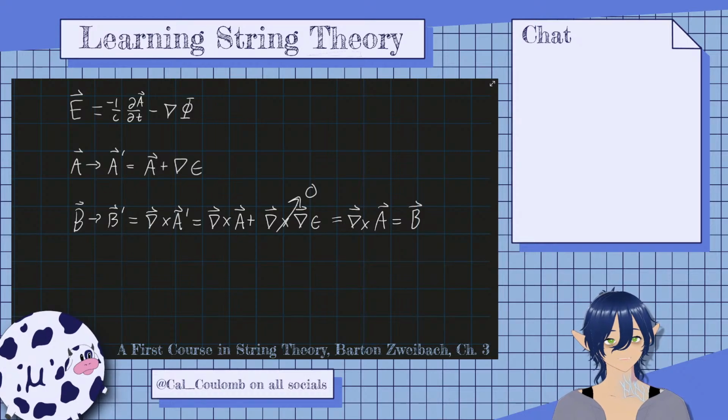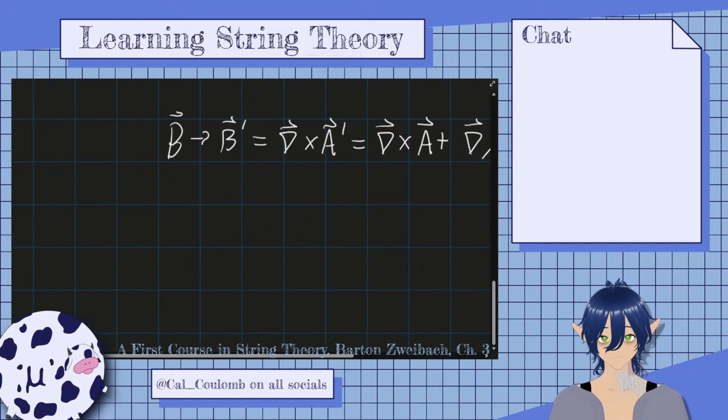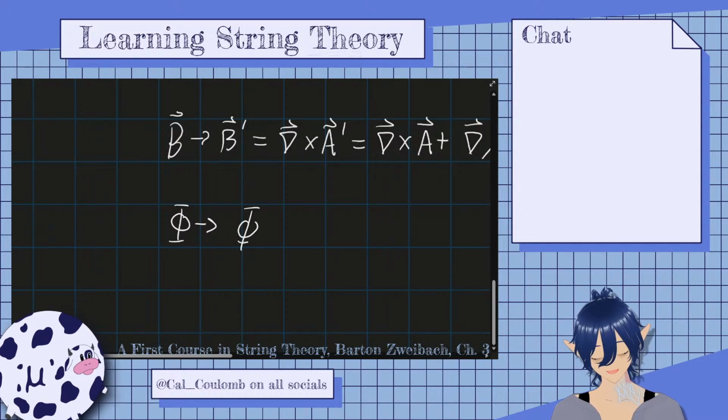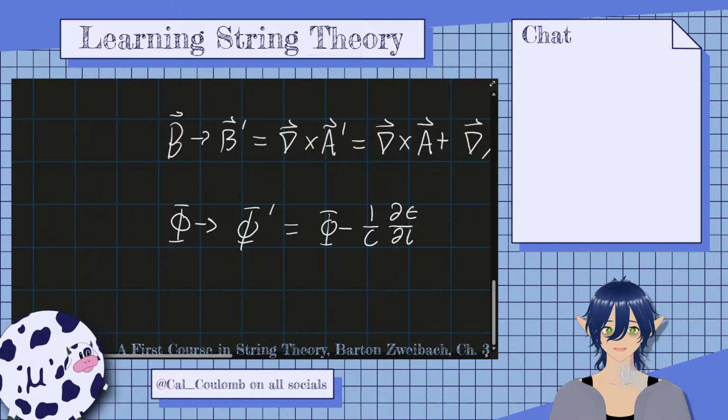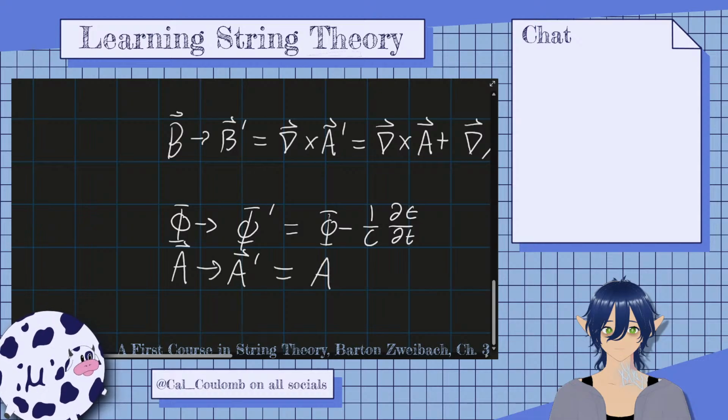The change in A would not leave E unchanged, as is clear from 3.8. We can repair this, however, by giving phi a change too. In fact, we have to take phi goes to phi prime, which is equal to phi minus 1 over c partial epsilon partial t, and A goes to A prime, which is A plus del epsilon.